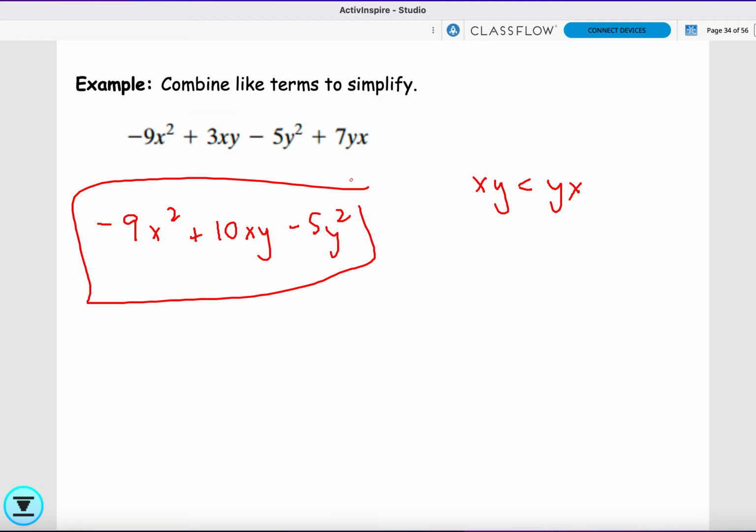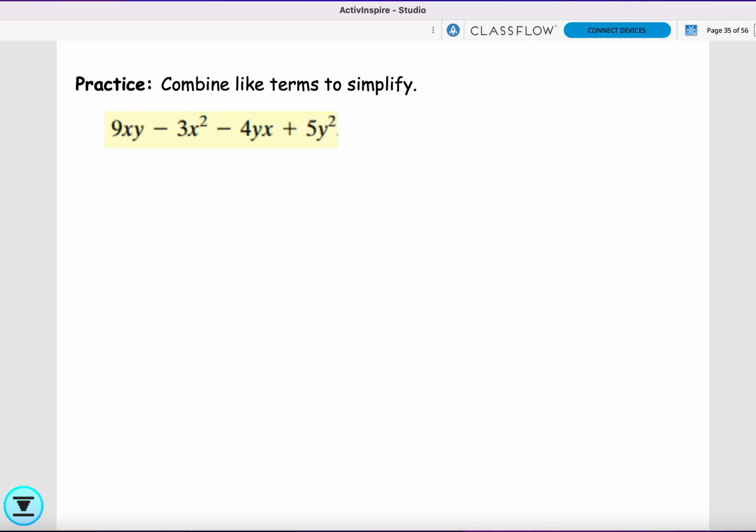And we're done here. This example was there to show you that yx is the same thing. This is an equals sign. So go ahead and do that here. Combine that here. So we get negative 3x squared. 9 minus 4 is just 5xy plus 5y squared. And we're done.